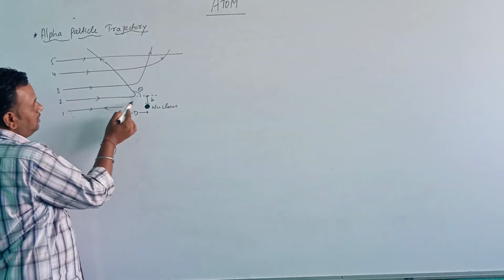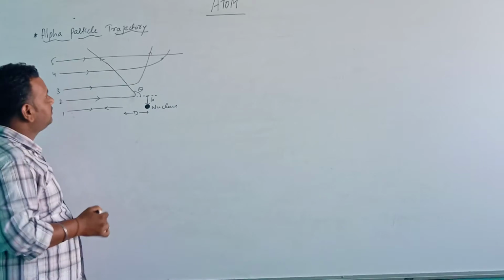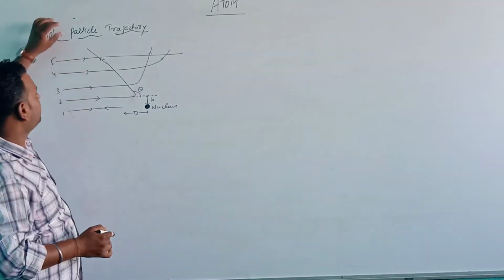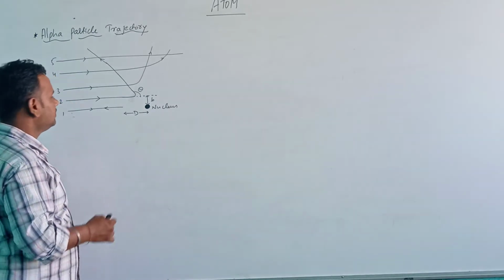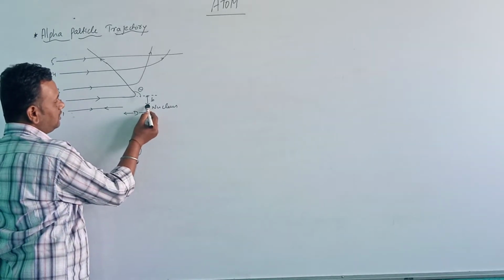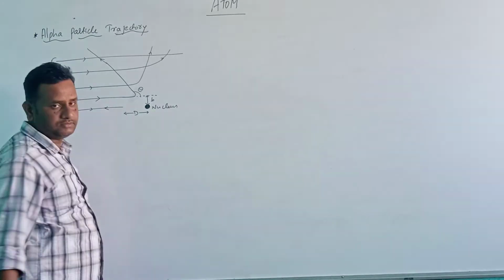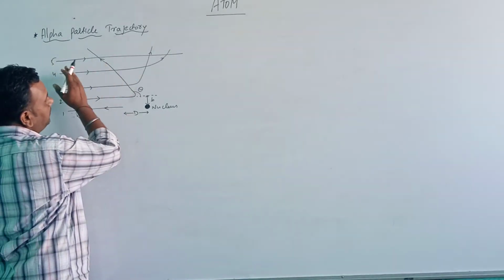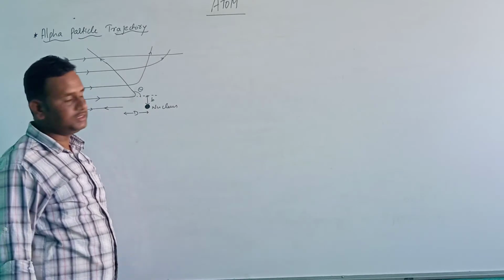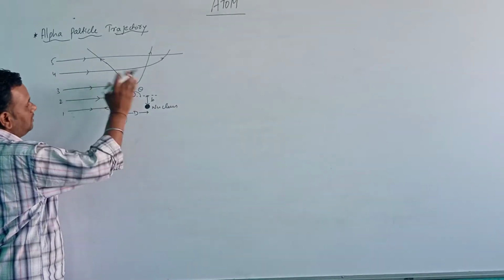I have drawn this diagram here. This is about the alpha particle trajectory. Trajectory means path here. We are considering a nucleus here. These are the alpha particles, or you can say alpha rays.